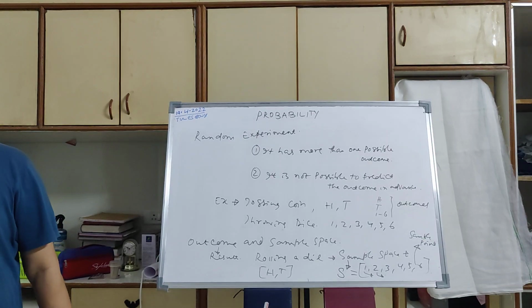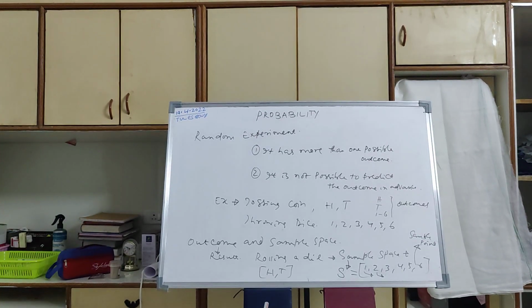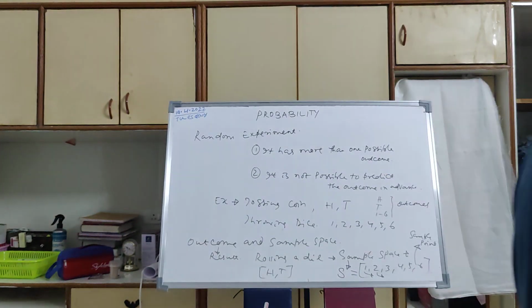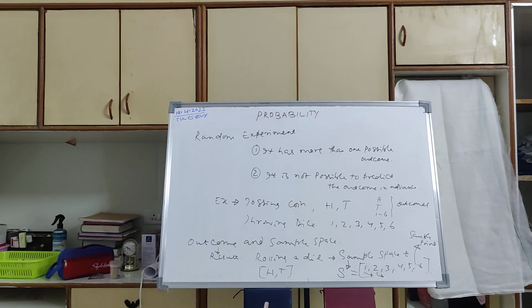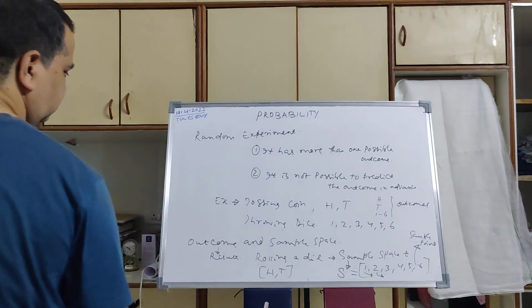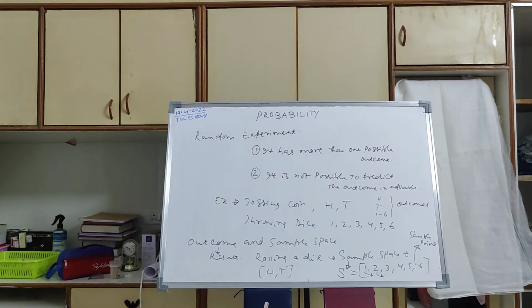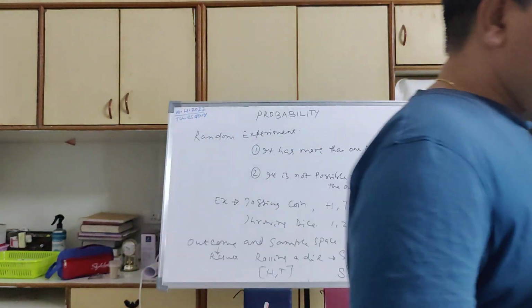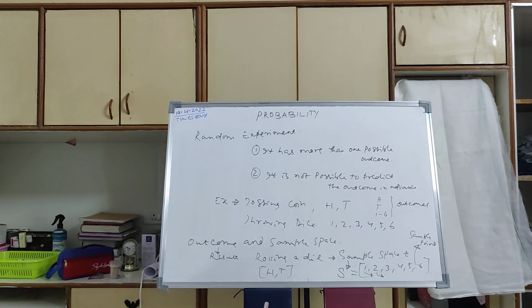In one case the outcomes are 2, in another case the outcomes are 6, and also it is unpredictable. You don't know whether 1 will come or 2 or 3. So we know now what a random experiment is, what an outcome is, what a sample space is, and what a sample point is. Up to this we are clear now. Now we will do some examples.